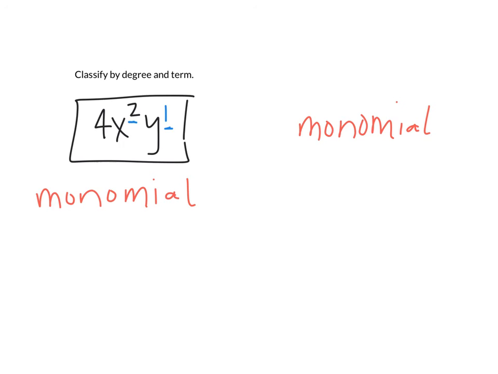So here's what happens when you have a monomial with more than one variable, we have to add them. So we actually have to take the 2 from the x and the 1 from the y, and we have to add it together, and we have a 3, which now makes this a cubic monomial.